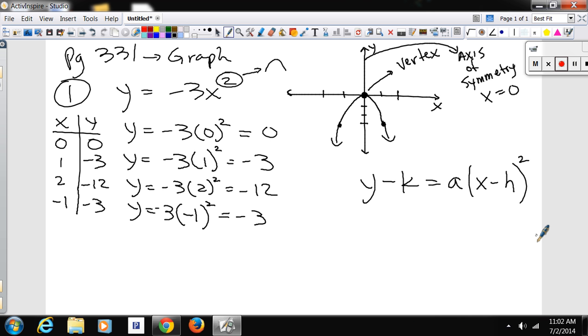This could help us find the axis of symmetry and the vertex pretty quickly. The h and the k would be your vertex, right where h and k are.